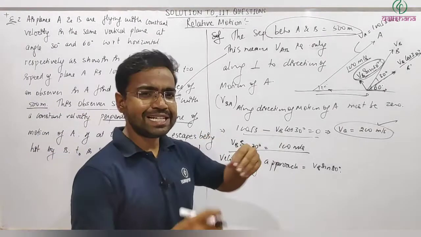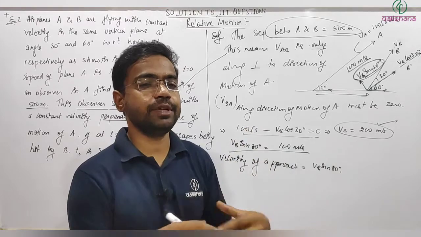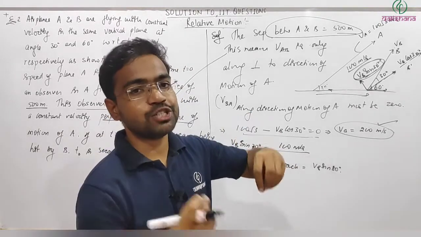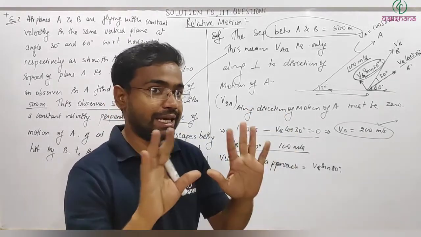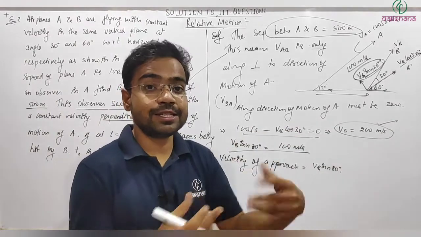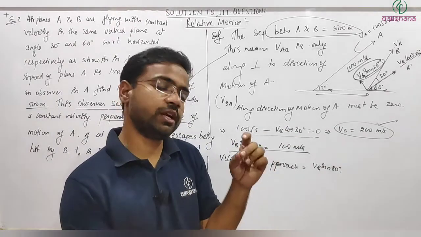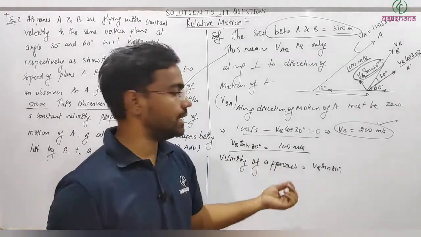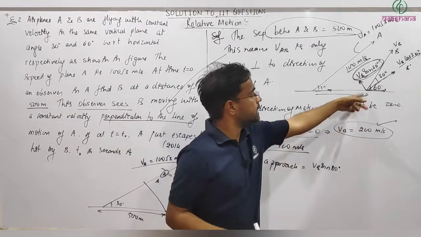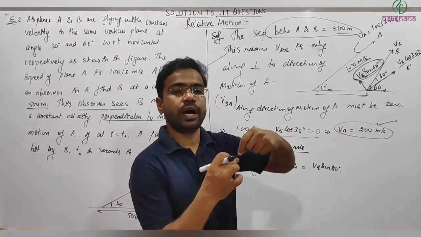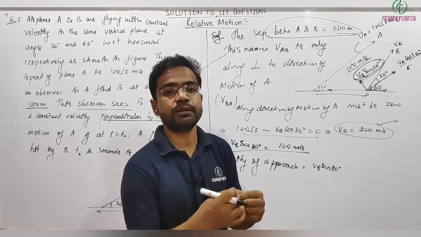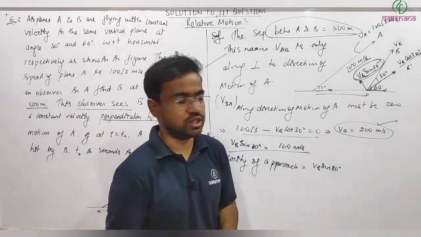When it talks about just escaping, we do the calculation by assuming that it is just hitting. There is not much difference between just escaping and just hitting; we take them as almost equal, meaning both are reaching the same point. So the separation between them becomes 0, right?